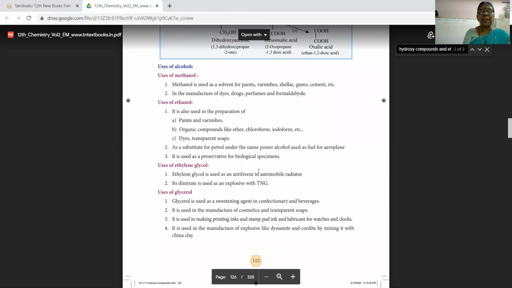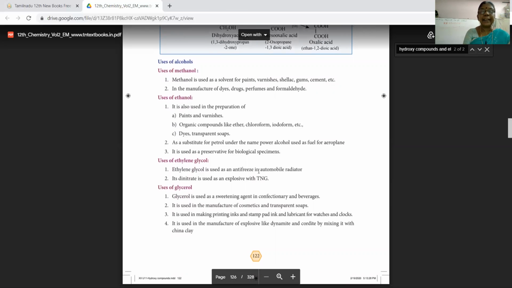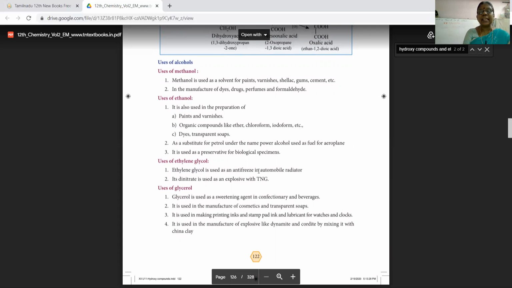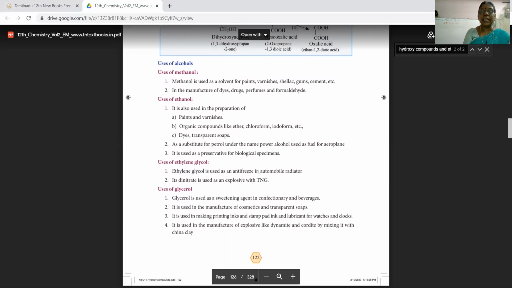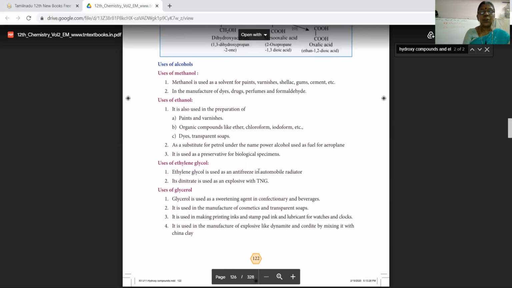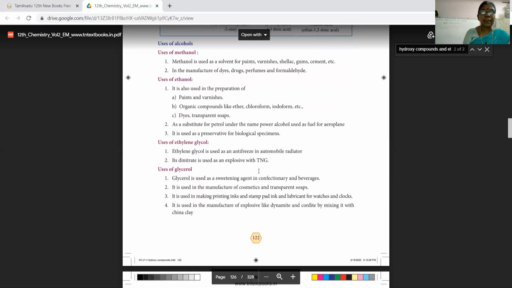Next, uses of ethylene glycol, that is a dihydroxy alcohol. Ethylene glycol is used as an antifreeze in the automobile radiator, and its dinitrate is used as an explosive with the name TNG, that is trinitroglycerol. Next is uses of glycerol.